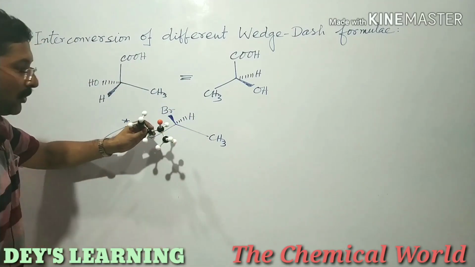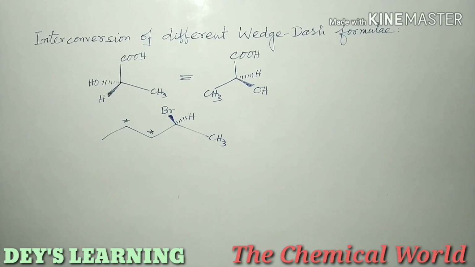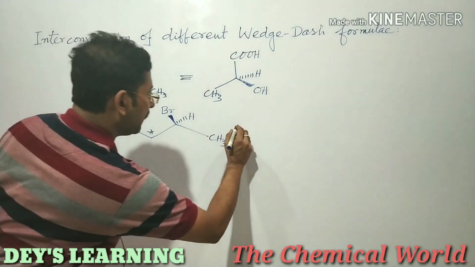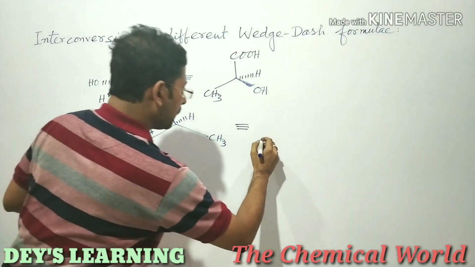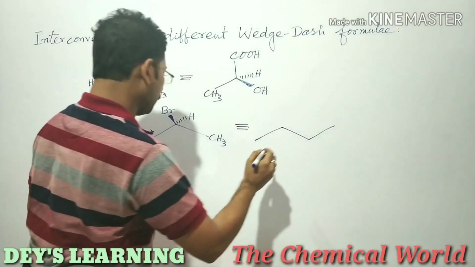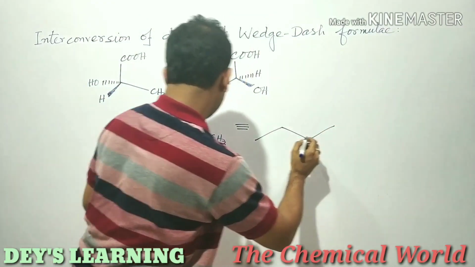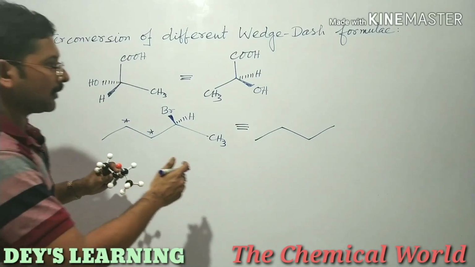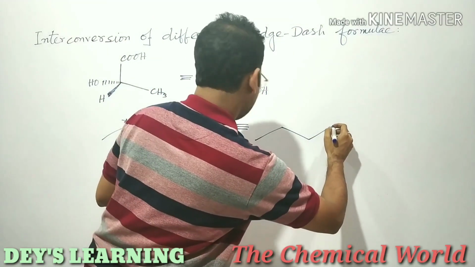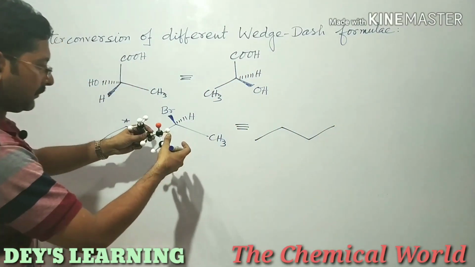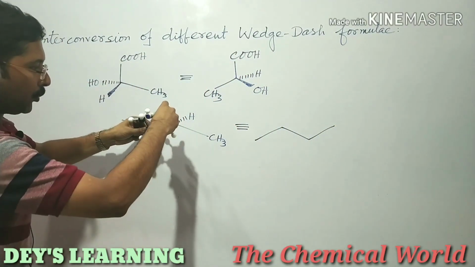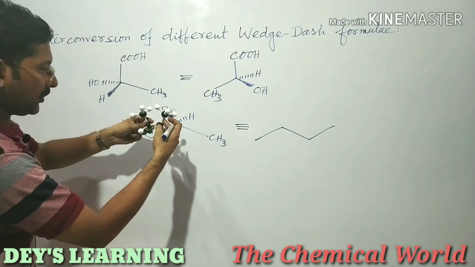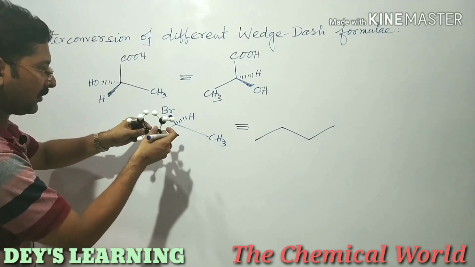If we just rotate the molecule in this way, here as it was, say CH3 here, if we rotate this molecule in this way, that CH3 will come in the frontal bond, the in plane bond.